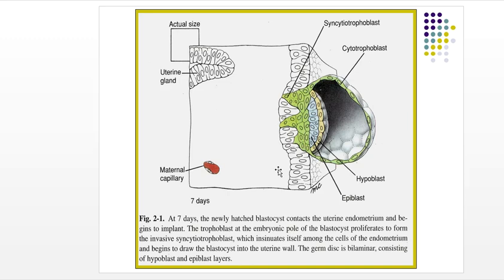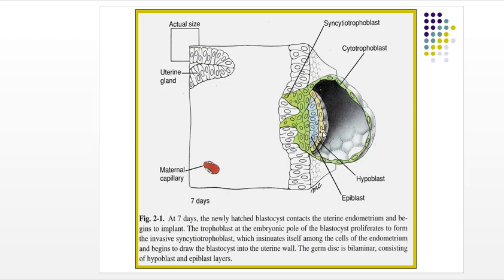Now I start, day by day, some more important events during the second week. First of all, as you remember, at the end of the first week, the embryo or blastocyst attached to the endometrium by receptors, and at this time gradually the inner cell mass differentiated in two layers.